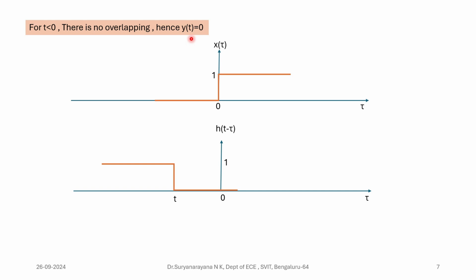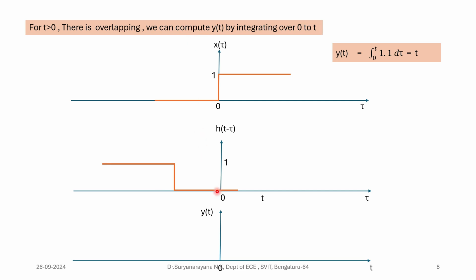therefore y of t is 0. Now we see the next condition, for positive values of t, for t greater than or equal to 0. As I move the waveform towards the right-hand side, some portion of x of tau overlaps with the response of the system, generating the third signal as shown.